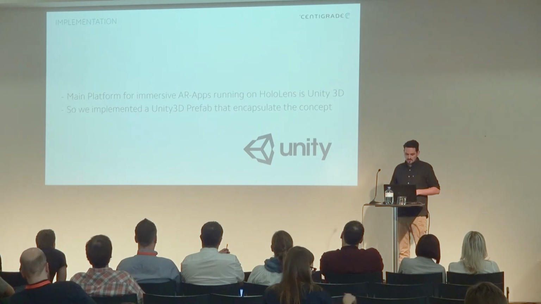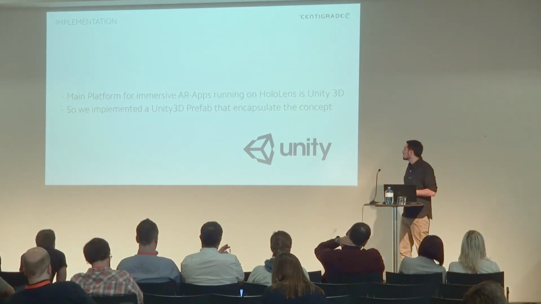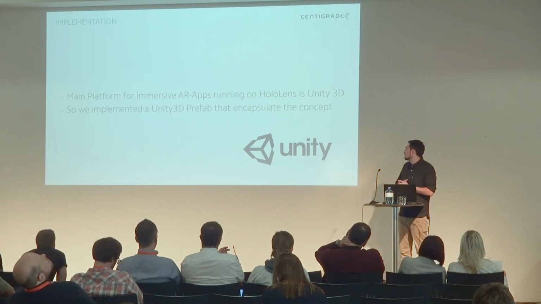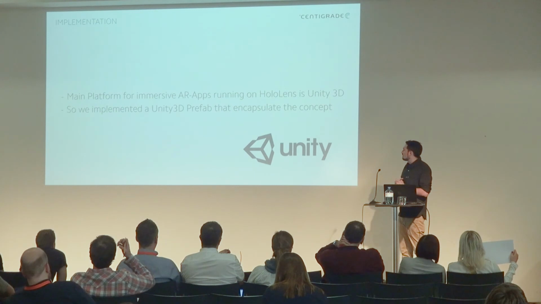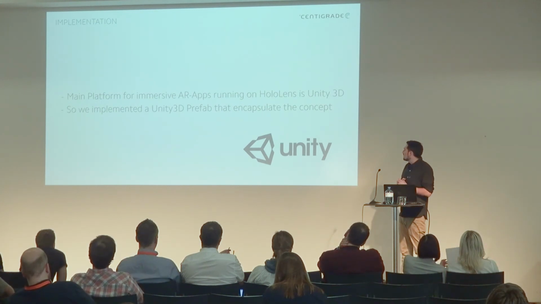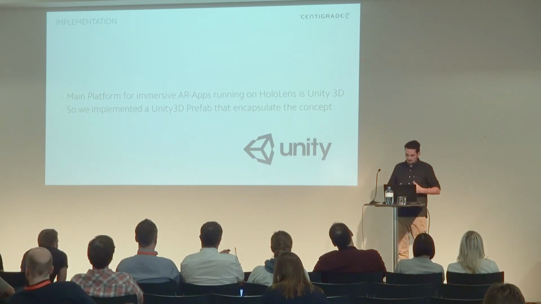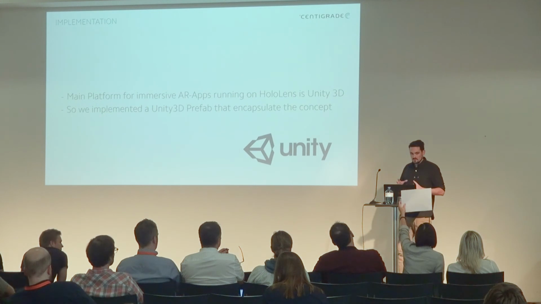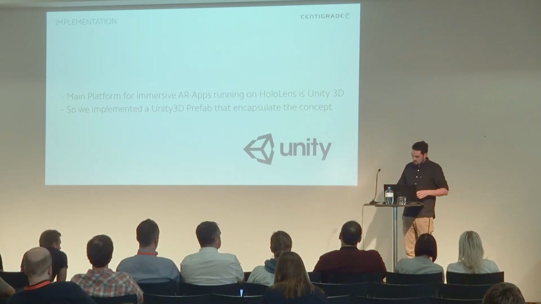When it comes to implementation of room scale immersive VR experiences, Unity is always the first choice. It's even recommended by Microsoft. So we tried to encapsulate this concept into a Unity prefab to have it slim as a component in the Unity editor.